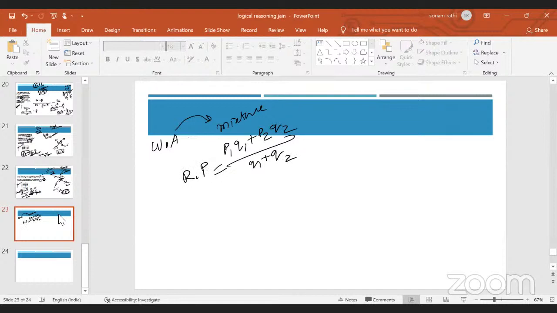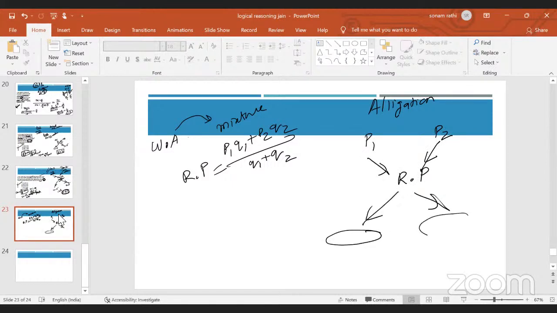Then one more thing we learned, in alligation, you can do price 1, price 2, resultant price, and diagonally subtract. Whatever you get here and here, the ratio will be Q1 is to Q2. So if Q1 and Q2 are not known, you use alligation easily. If you know all 3 things, you can use alligation.